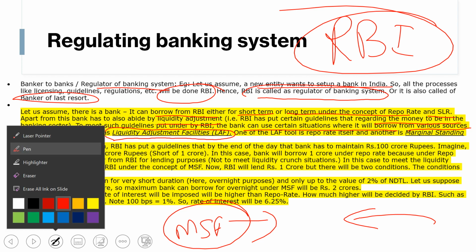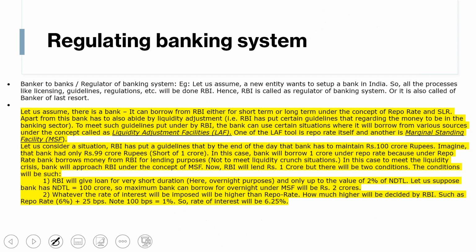There are certain percentages decided by RBI to maintain some liquid assets with the bank, and in that scenario the bank will borrow money from various sources, which comes under the concept of liquidity adjustment facilities.